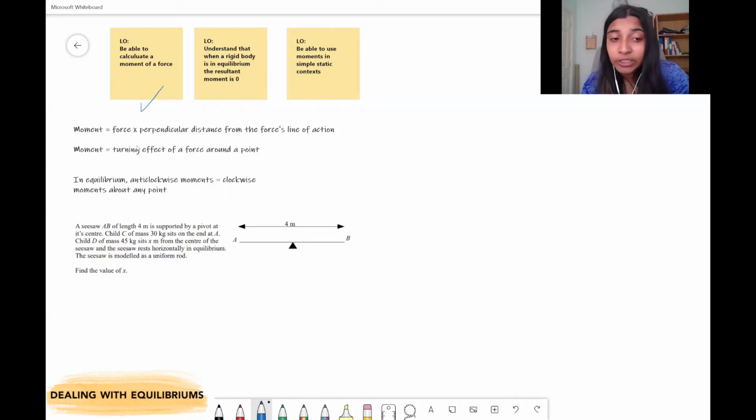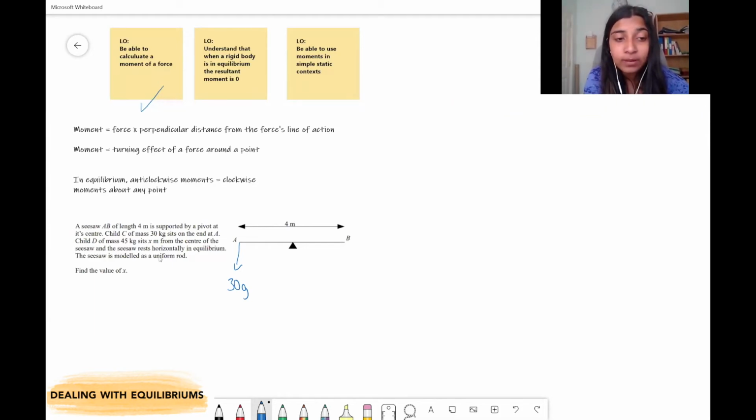So like any question with mechanics, we just want to label on anything we can onto our diagram first. So we know that it's 4 meters, it's got that already. And now we want to label that our child C is sitting on end A. So we'd have a downward force here of just 30G.